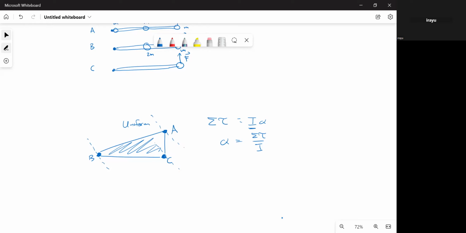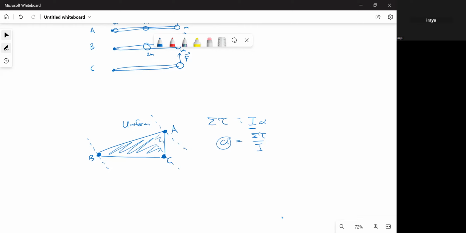And so we're asked to rank it in terms of, oh, greatest net external torque required. Okay. So the larger the moment of inertia, the more net torque we need to get the same angular acceleration.